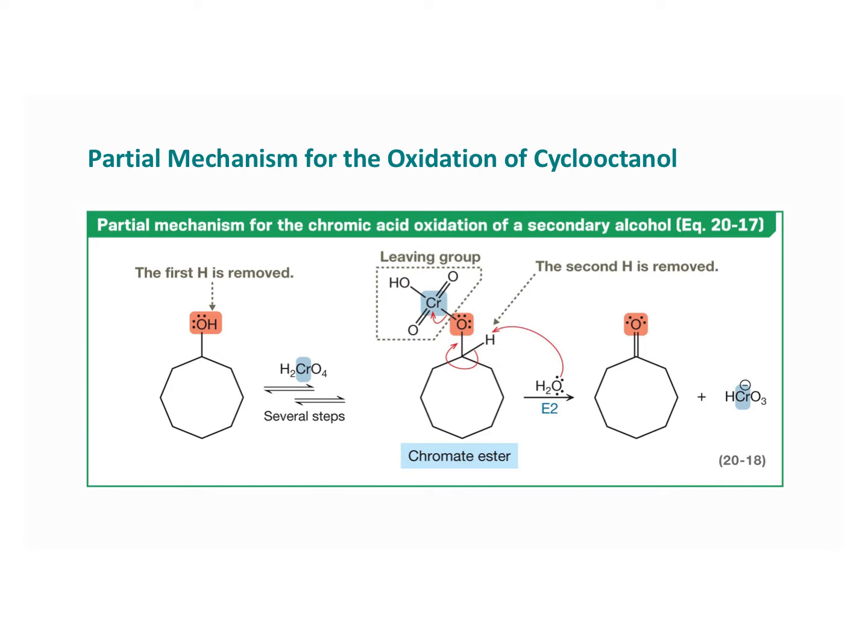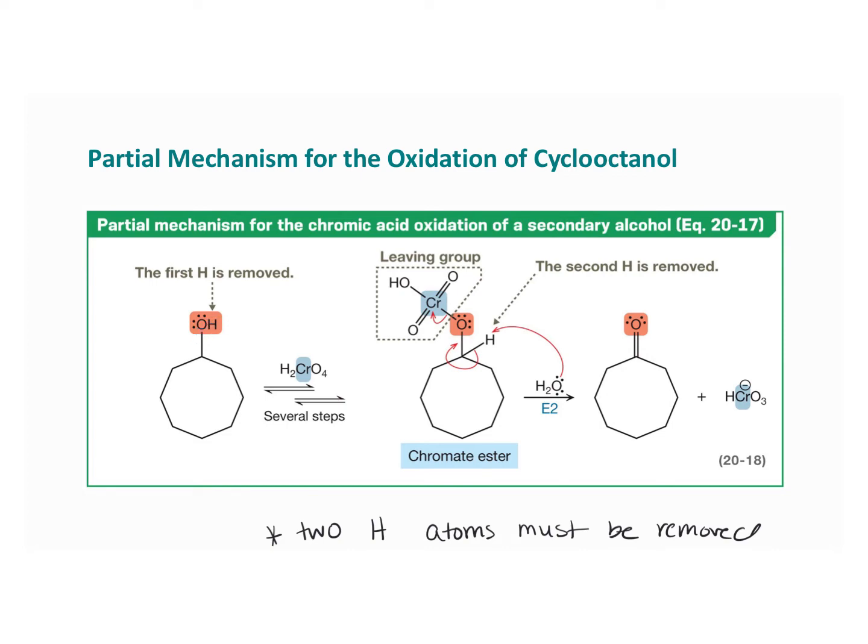Now, I want to point something out here. Notice that two hydrogen atoms must be removed. Okay? One is removed here, and then the second one is removed from the carbon attached to the hydroxide group.